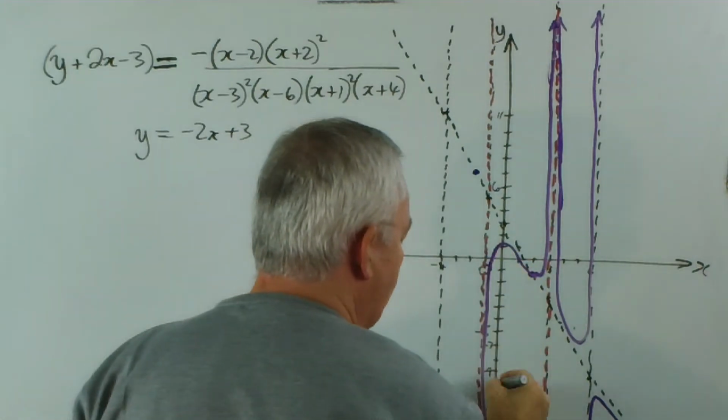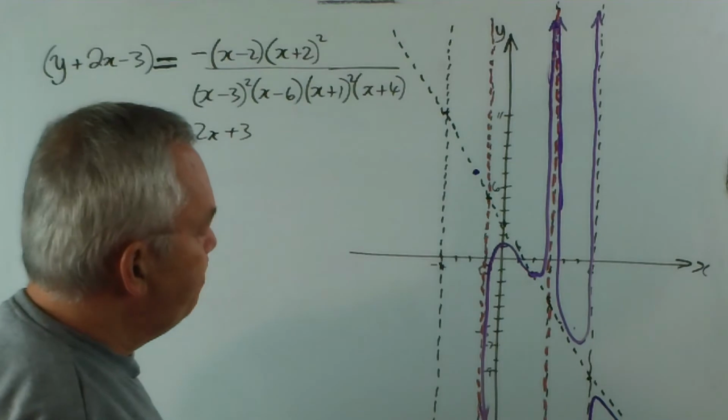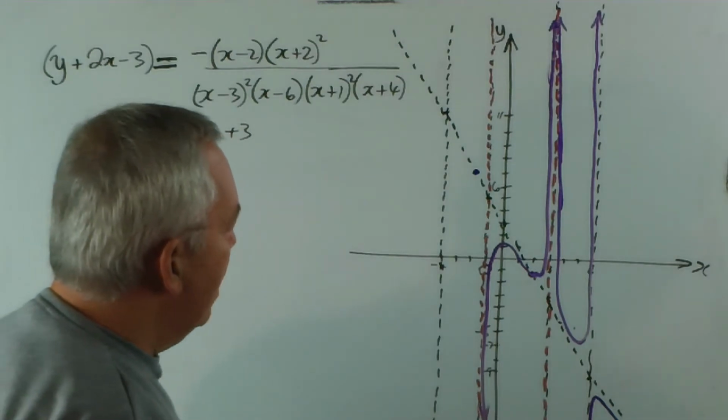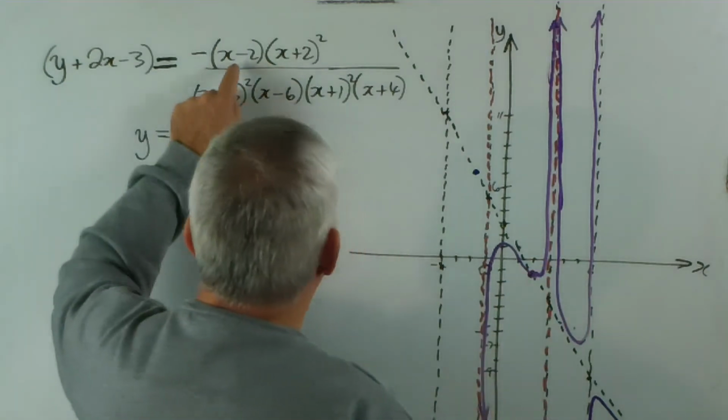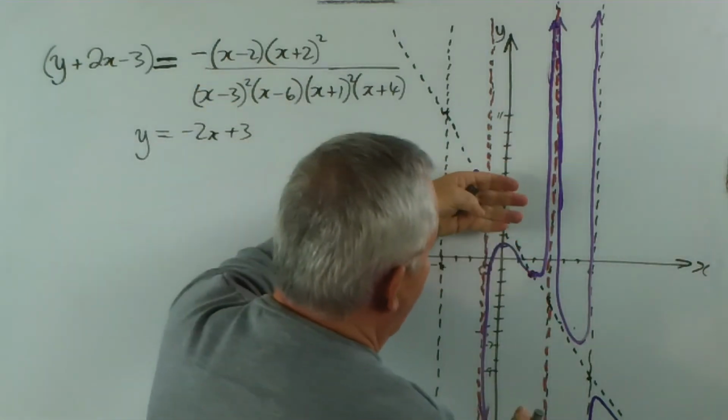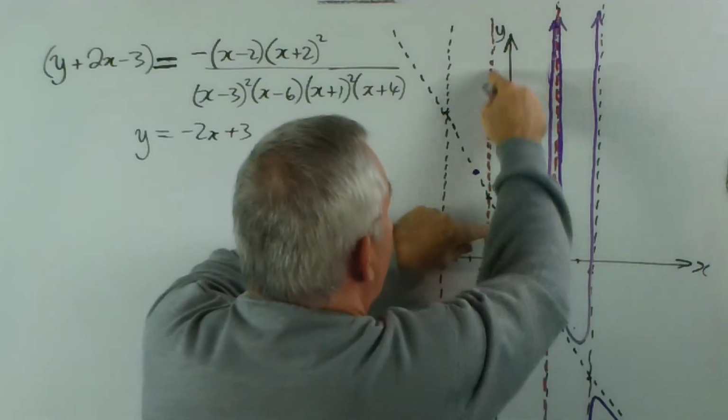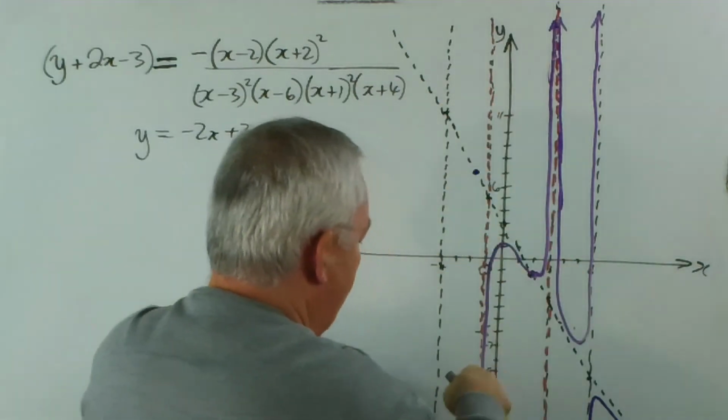It's as though it's been flipped entirely upside down. So that dot causes a flip, a reversal. And instead of going up here, it's now going down here.